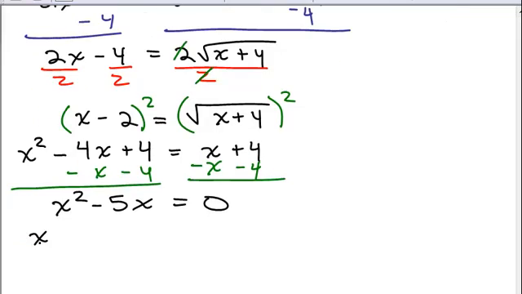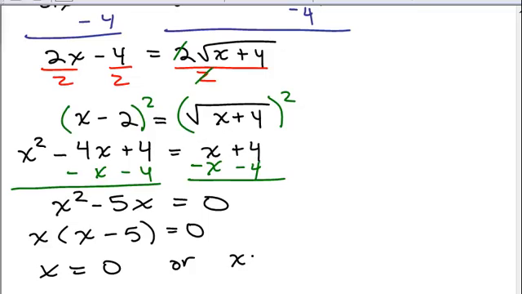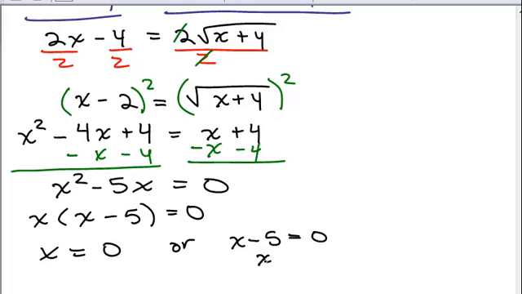And that factors easily because there is a common factor of x. Finally, you get two possibilities, either x equals 0 or x minus 5 equals 0, which means x is 5. But you need to check. All right, so the important thing is you need to check.